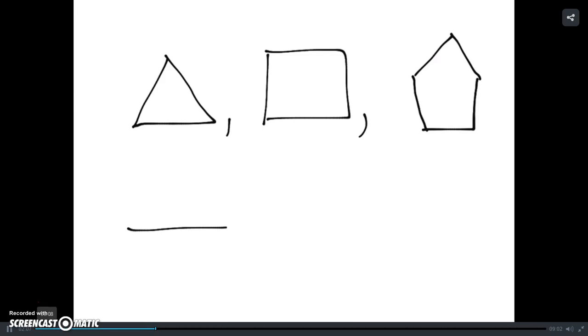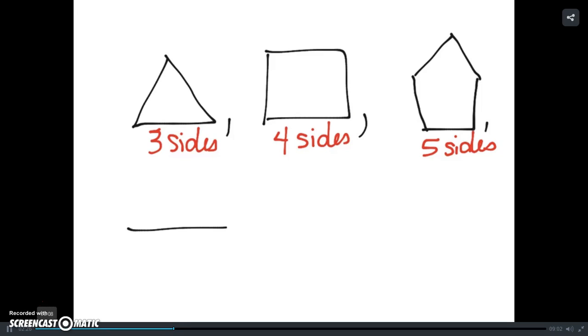And so you'd think, okay, what do I know about these shapes? Okay, well, I know that a triangle has 3 sides. I know that a quadrilateral has 4 sides. And I know that a pentagon has 5 sides.